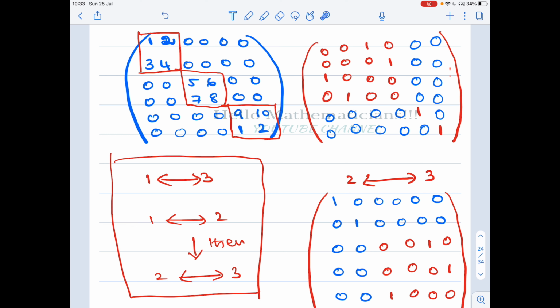Suppose there are 100 diagonal blocks, and you want to interchange the 25th and 75th. In the 25th block place you want the 75th block, and in the 75th block place you want the 25th block. What you can do is just keep flipping adjacent matrices continuously.